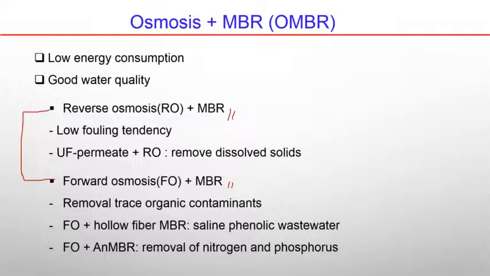When forward osmosis system meets hollow fiber MBR, it was used for treatment of high-strength saline phenolic wastewater. And when forward osmosis meets anaerobic MBR, it improves the removal of nitrogen and phosphorus.